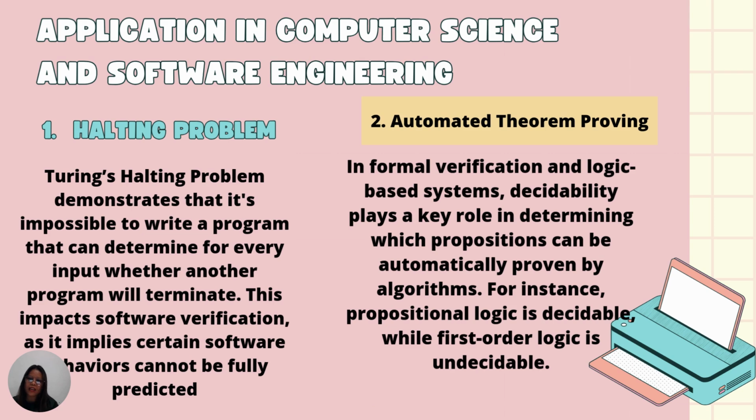The second one is automated theorem proving. In formal verification and logic-based systems, decidability plays a key role in determining which propositions can be automatically proven by an algorithm. Algorithms can automatically prove simple propositions, which means they are decidable, but more complex logic, like first-order logic, becomes undecidable.